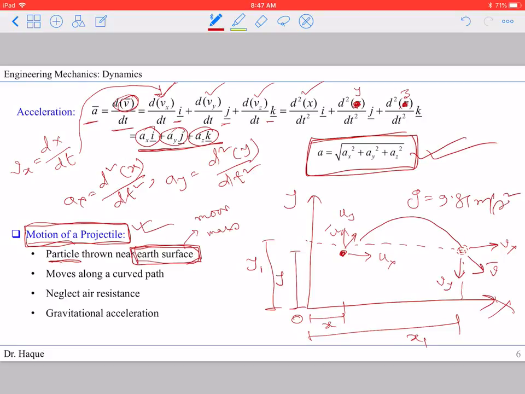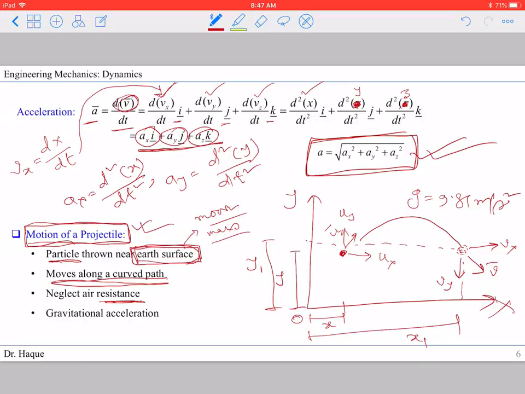It will change if the particle was thrown on the Moon, on Mars, or somewhere else. But for now we're assuming it's near Earth, and we throw the particle. It moves along a curved path. Though it's thrown in air, we neglect the air resistance, so we will not consider air resistance during our problem solving.